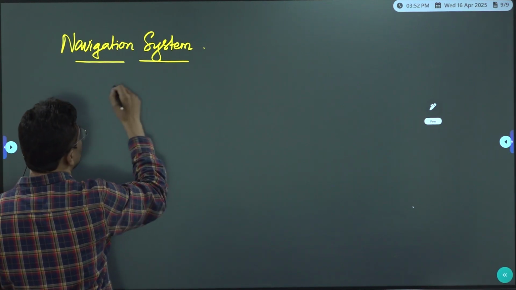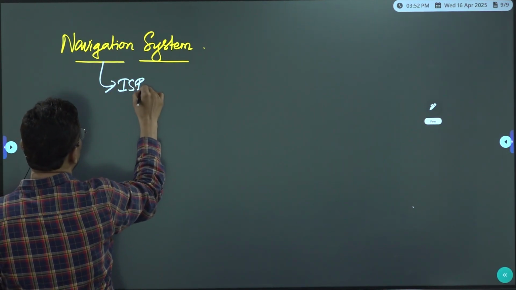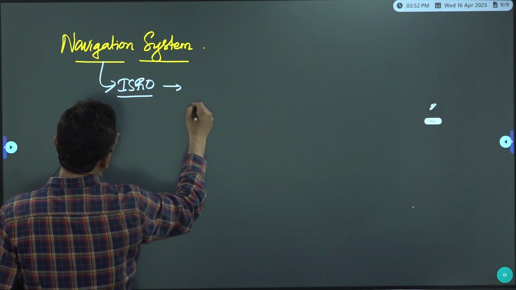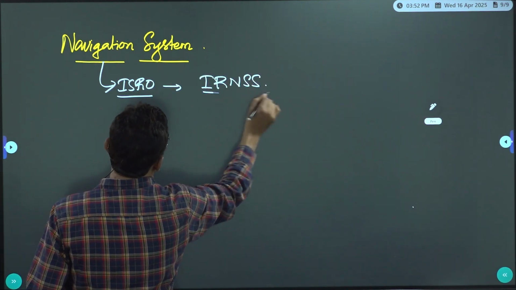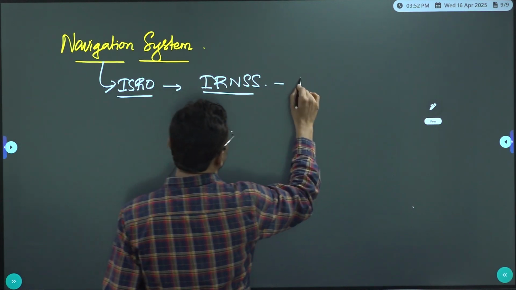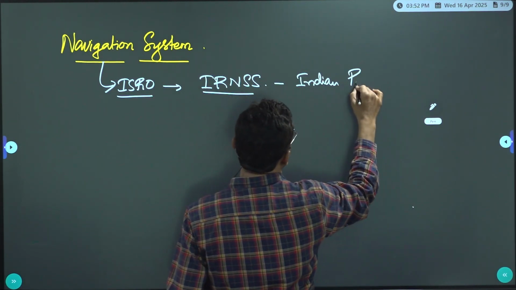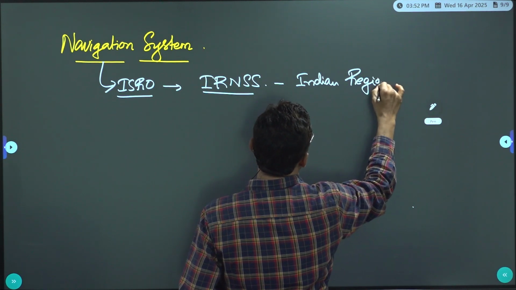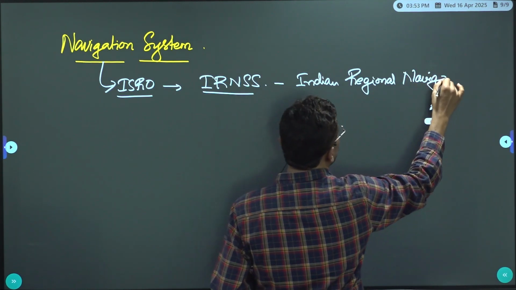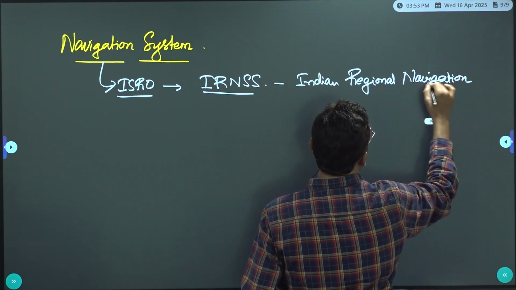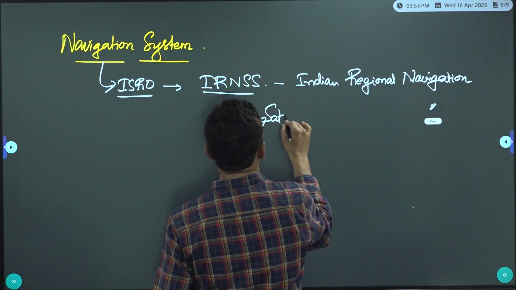ISRO has developed an indigenous navigation satellite system called IRNSS. IRNSS means Indian Regional Navigation Satellite System.